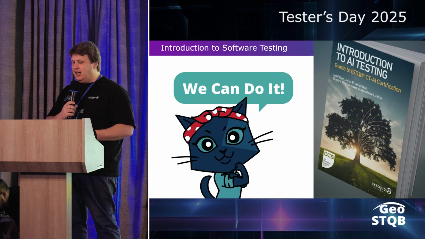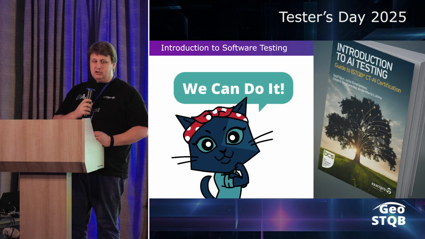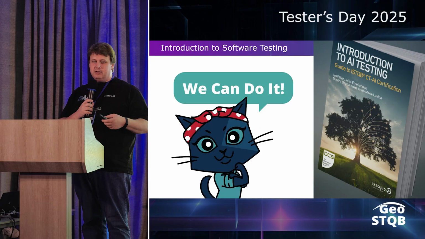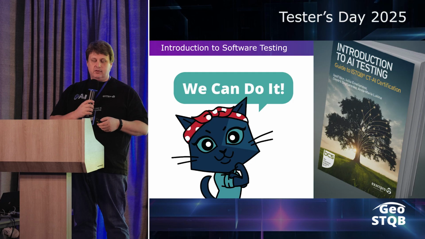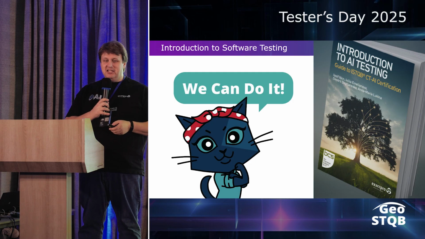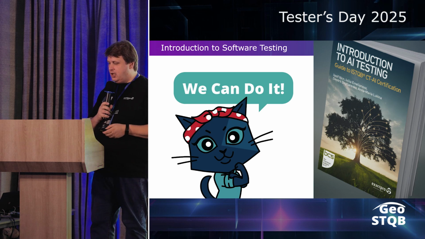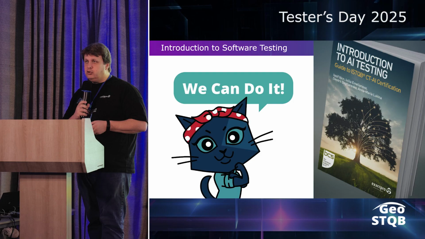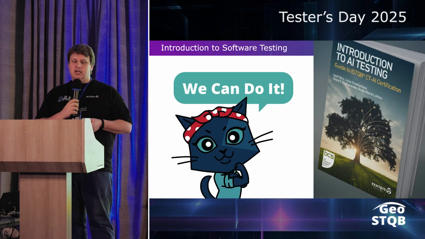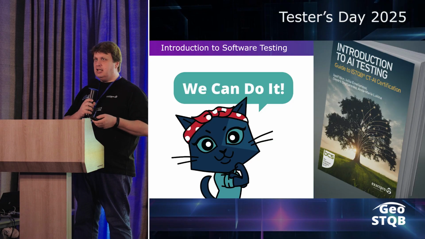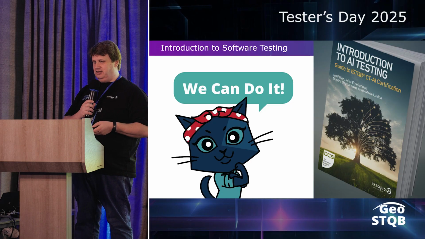I immediately remembered that we do have AI in the title of the book. So I checked what will happen with the title of the book if we replace AI with software. The title of the book now is Introduction to Software Testing, and I have no problems with that. Because in reality, the ISTQB AI testing syllabus is very relevant to testing any type of complex distributed software.